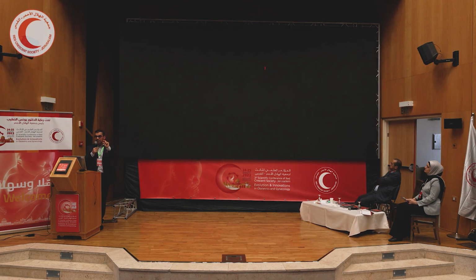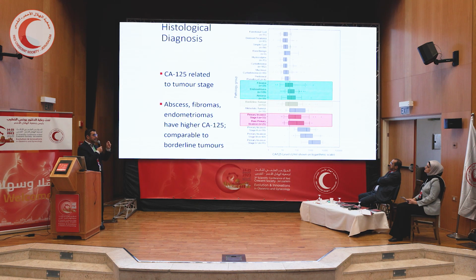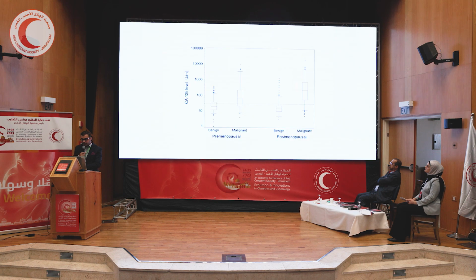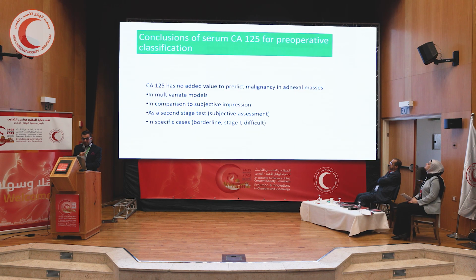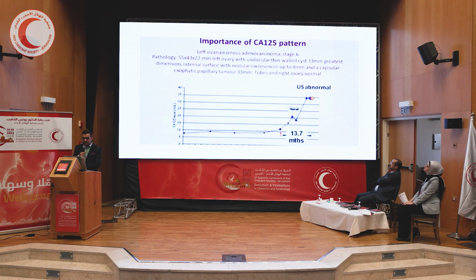A 1 centimeter tumor will secrete around 13 CA125. So if the CA125 is 13, you already have a 1 centimeter tumor in the ovary, which is stage 1, which can be detected by the ultrasound scan. So I hope I can convince you to start using the Adnex models.